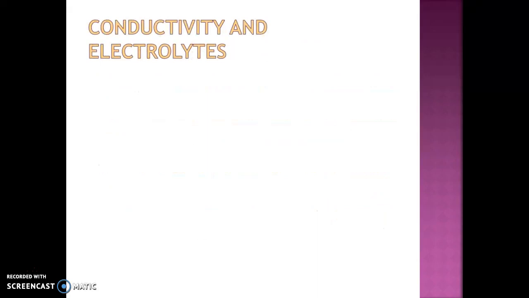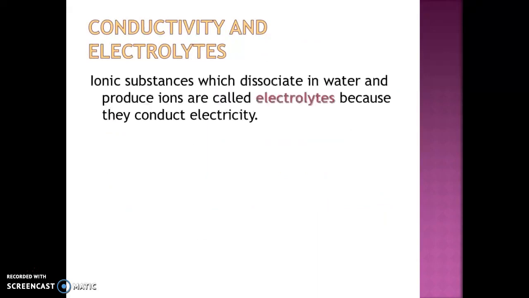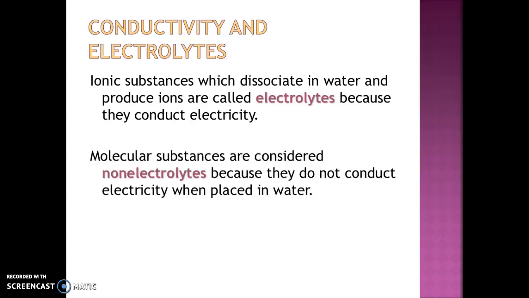So that leads us into the idea of conductivity and electrolytes. Ionic substances dissociate and produce ions in water, and therefore they will conduct electricity. So ionic substances are considered electrolytes because they will conduct electricity when they're dissolved in water. Molecular substances are typically considered non-electrolytes because they don't conduct electricity.